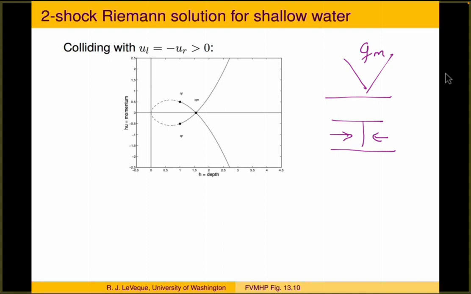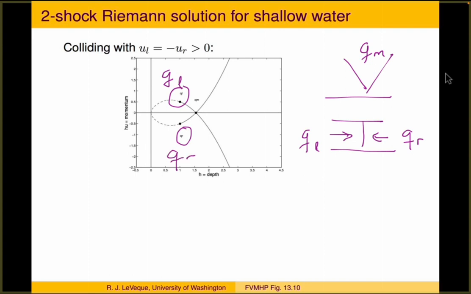That is exactly this situation where the middle state can be simultaneously connected to the left state with a 1-shock and also to the right state with a 2-shock, because in this case QL has some value of the depth and some positive momentum, whereas QR has the same depth but a negative momentum, the negative of QL. So sorry, this is QL and QR here.